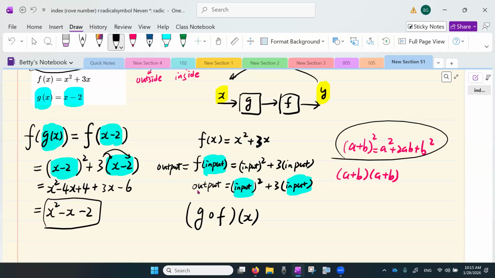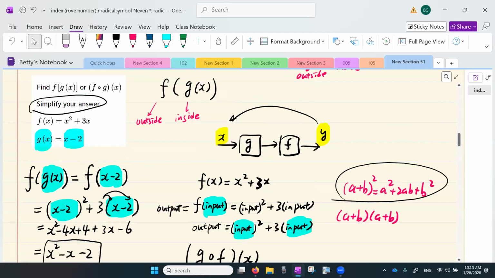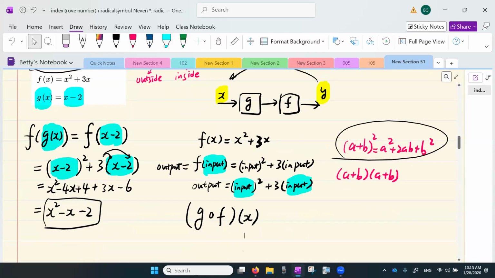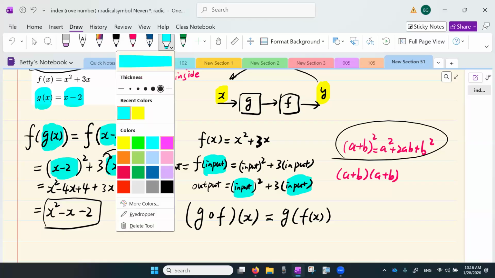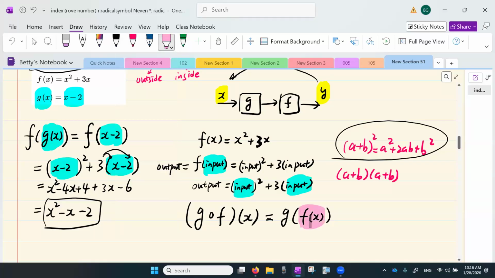Try that yourself, okay? What's the difference? What if the problem is g circle f of x? That means the inside function is f, right? Yeah, the inside function is f. Now I leave this for you to practice.